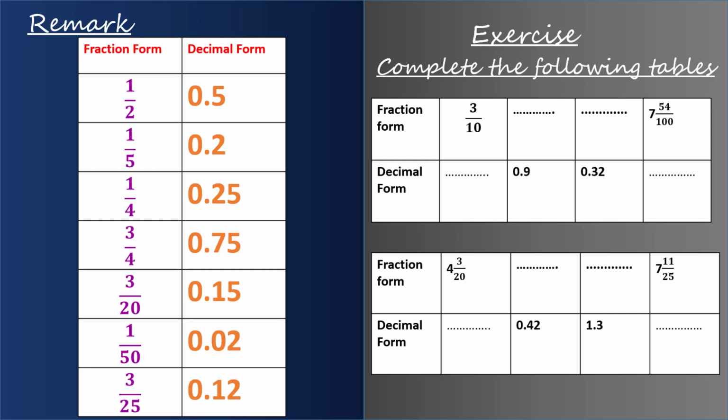Another table, fraction form and decimal form, 4 and 3 over 20, so the decimal is what? The fraction is what when the decimal is 0.42? We have decimal here 1.3, so the fraction form is what? 7 and 11 over 25. How can we write the decimal form? It's easy to find it.